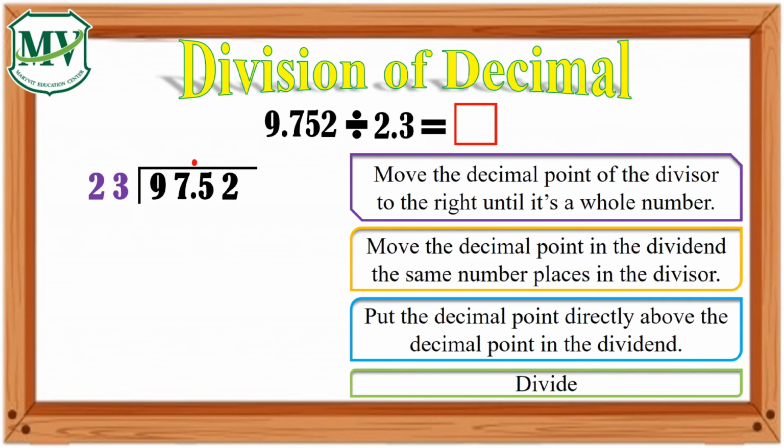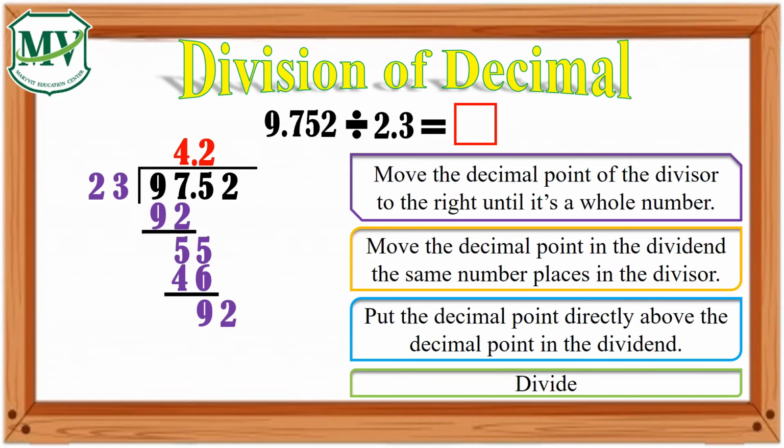Lastly, divide as usual. 97 divided by 23 equals 4. 4 times 23 equals 92. 97 minus 92 equals 5. Bring down 5. 55 divided by 23 equals 2. 2 times 23 equals 46. 55 minus 46 equals 9.